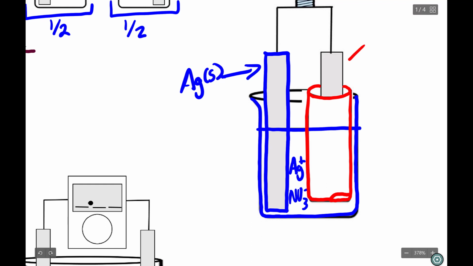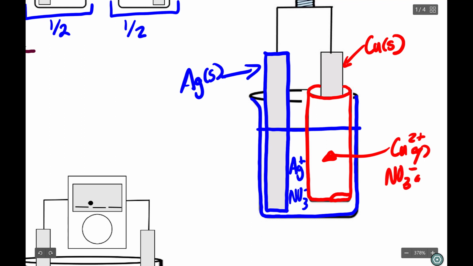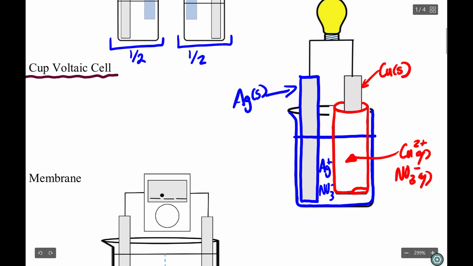So I'm going to make something up randomly. I'll call this copper solid. And we can't see it, but inside of this red cup there would be a copper ion solution, let's say copper 2+ and nitrate again, and that would make up the other half cell. So if I was to do cell notation, just to practice, this would be a copper half cell.